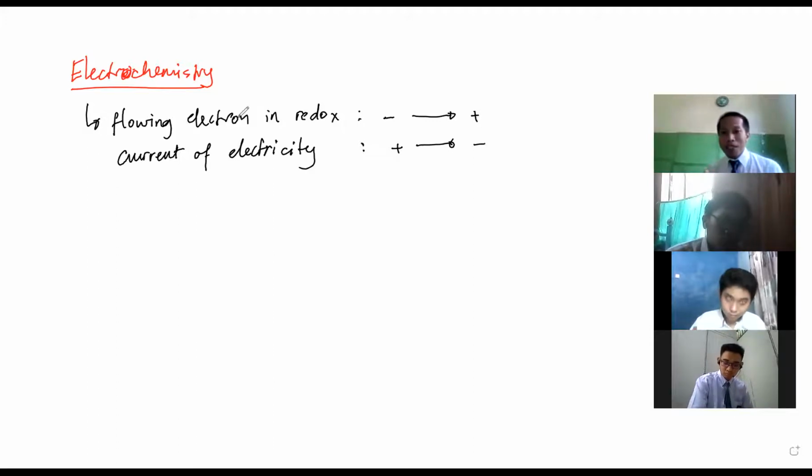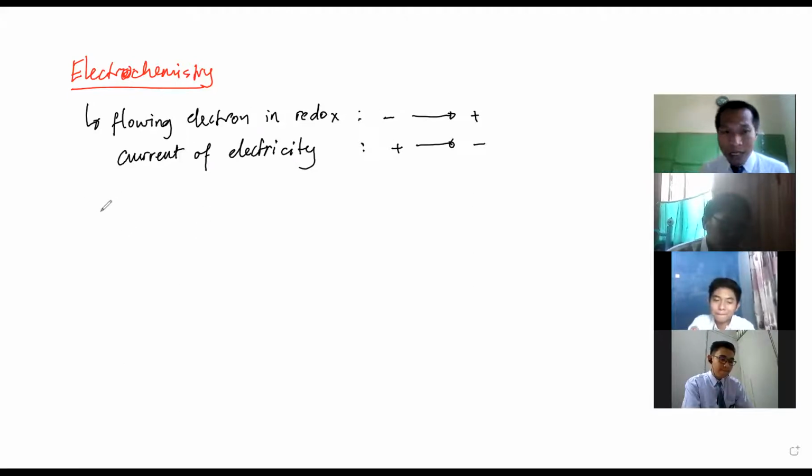The cell is a place. Misalnya sel tahanan itu kan tempat tahanan artinya. Cell is a place. Actually in biology, cell also means a place, right? The place where this flowing of electron and current is going on in a reaction, we call in electrochemistry an electrochemical cell.